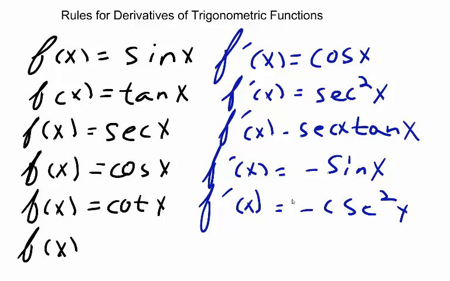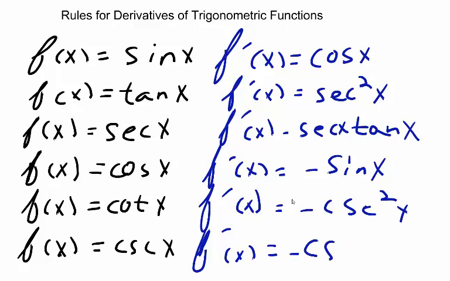And finally, if f of x is equal to cosecant of x, f prime of x is equal to negative cosecant of x cotangent of x.